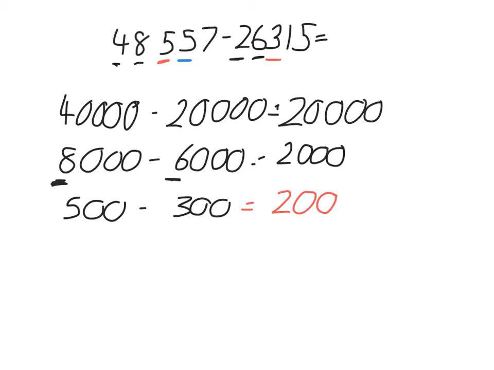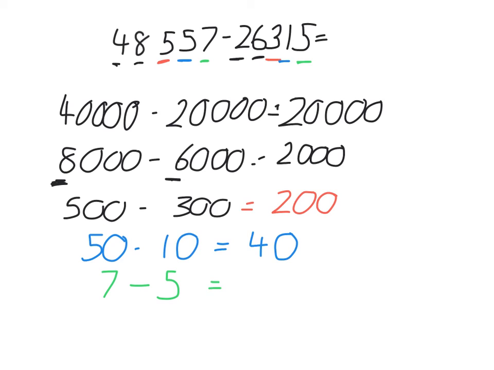So I've got 5 tens and I've got 1 ten. So 5 tens take away 1 ten, which is 10, is 40. Then I need to take away my ones. So I've got 7 ones and I've got 5 ones. So 7 take away 5 equals 2.